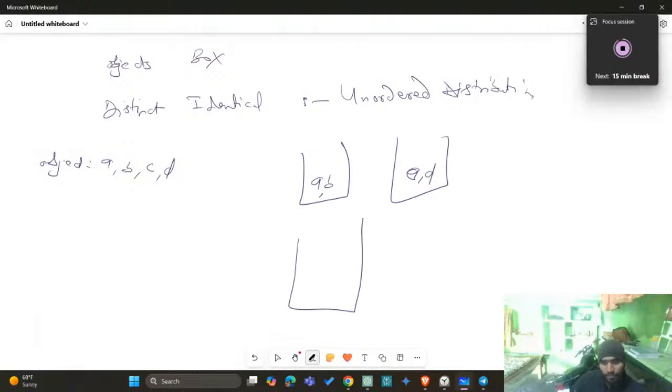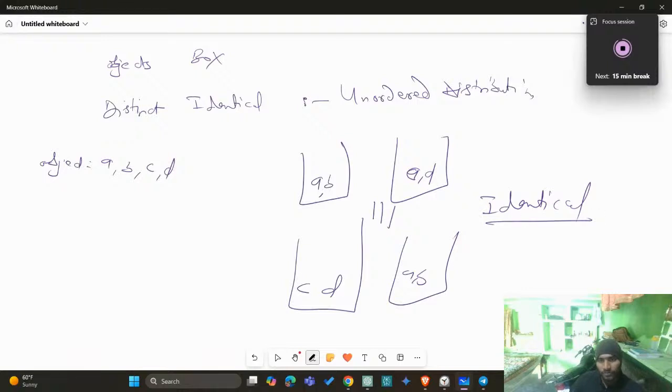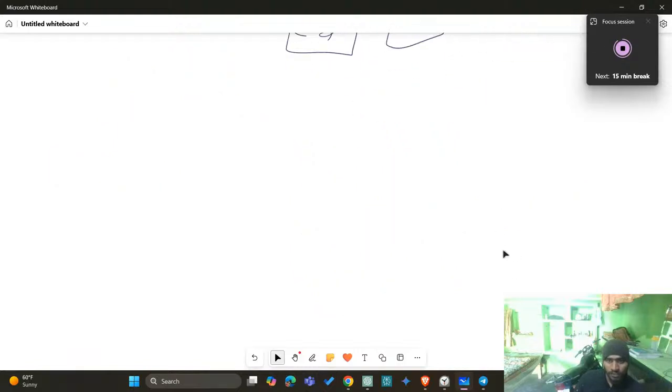So when we put CD in this box and AB in this box, both distributions are identical, because we cannot distinguish between the boxes. The boxes are the same, so both distributions are the same. We cannot distinguish between them.